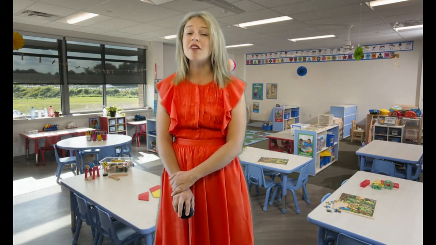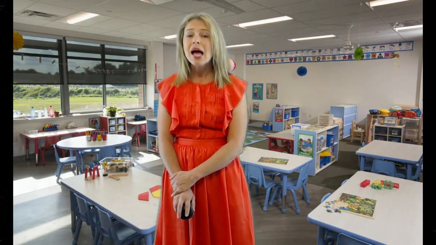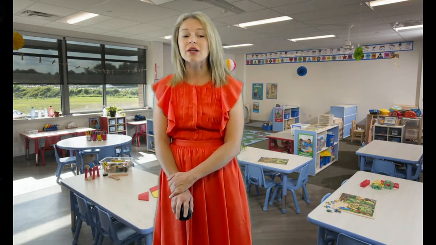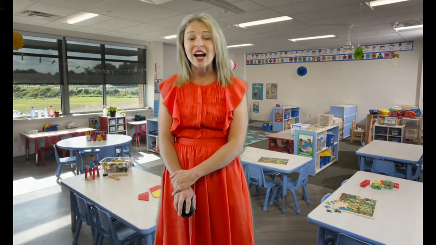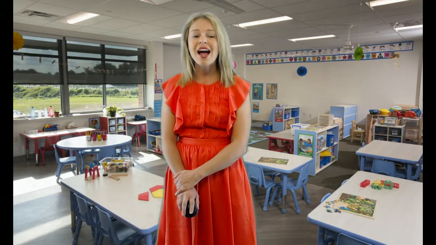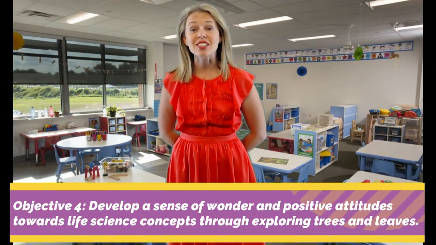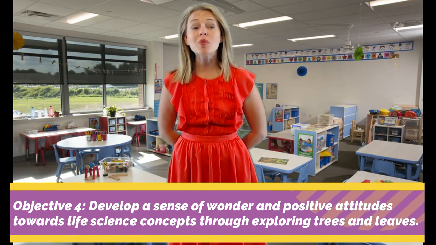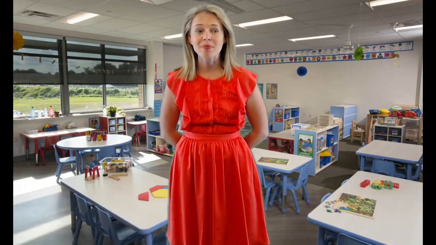We want children to develop scientific process skills by observing, questioning, investigating, communicating, reflecting, and formulating ideas and theories. And we want children to develop scientific dispositions, including curiosity, eagerness to find out, respect for life, and delight in being a young naturalist.